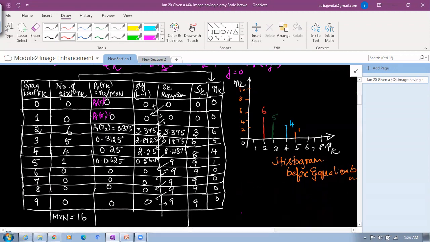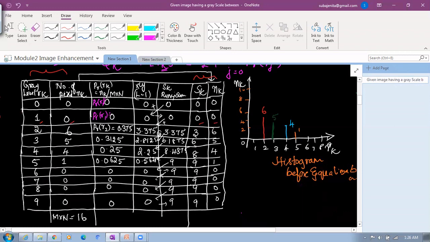It is very clear if we compare the first two columns with the last two columns. The first two columns represent the table for the histogram before equalization, and this is the table for the histogram after equalization. Let us have a keen observation on it. In this case, intensity level 0 has occurred 0 times, and level 1 has occurred 0 times, whereas here 0 has occurred 0 times.